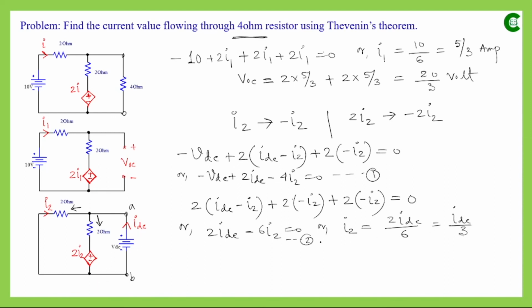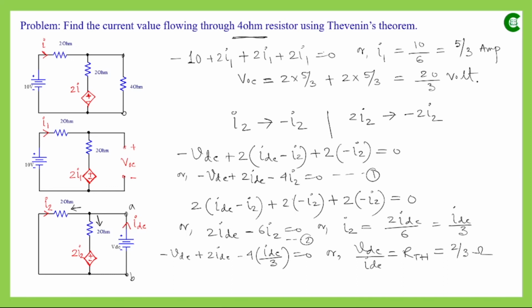Now if we put this relationship into the first equation, we get minus VDC plus 2IDC minus 4, and in place of I2 we put IDC by 3, and that will be equal to 0. Now if we simplify this equation and find the ratio of VDC and IDC, VDC by IDC, which is Thevenin's equivalent resistance by the second method, we get as 2 by 3 ohm.